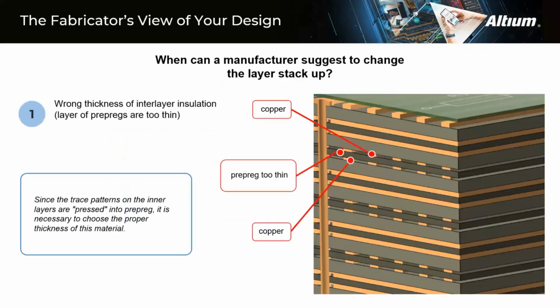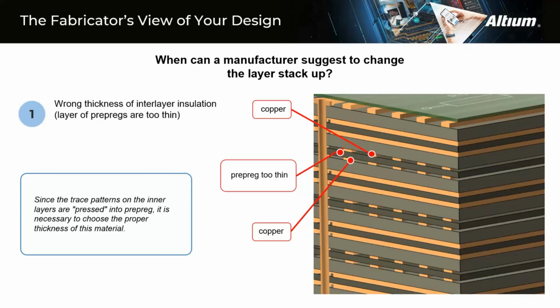The fabricator may suggest a change to the layer stack in the case where the dielectric materials or dielectric layers have been incorrectly selected in attempting to reduce the overall thickness of the board to achieve performance objectives. The designers may specify prepreg layers that are too thin. Often designers forget that the conductor layers themselves have thickness, and that thickness must go somewhere when pressing.